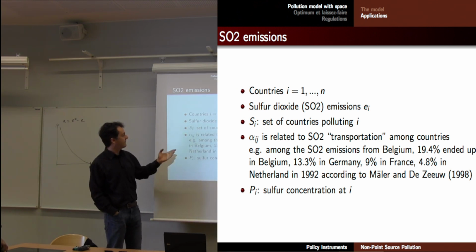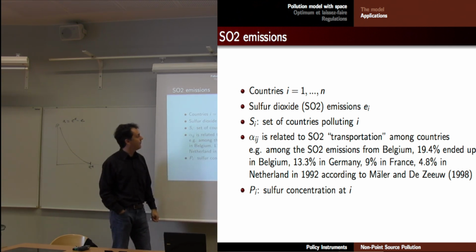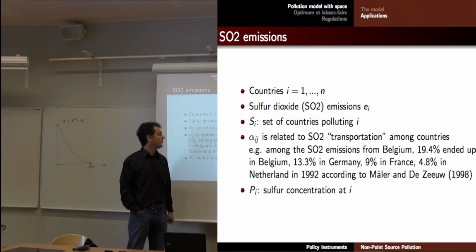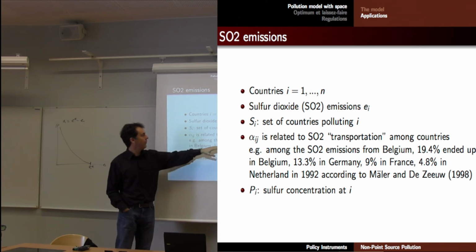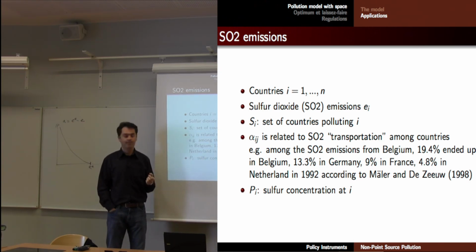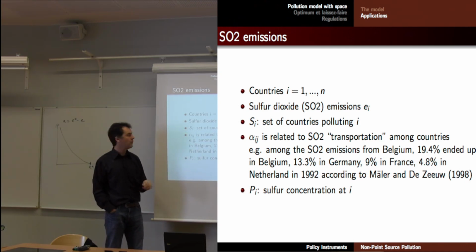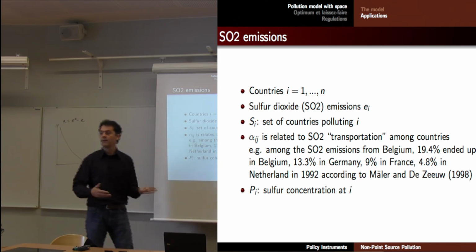So you know that, for instance, for each unit of the emission of Belgium, 20% ends up in Belgium, 30% in Germany, and 9% in France, and so on. So that will give some measure of those transfer coefficients. And the pollution will be sulfur concentration. So you link SO2 emission with sulfur concentration, let's say in water, for instance. And that impacts the acidification of lakes and forests.